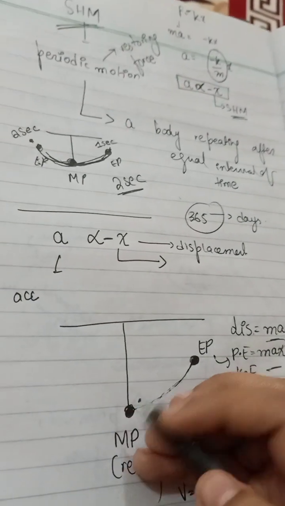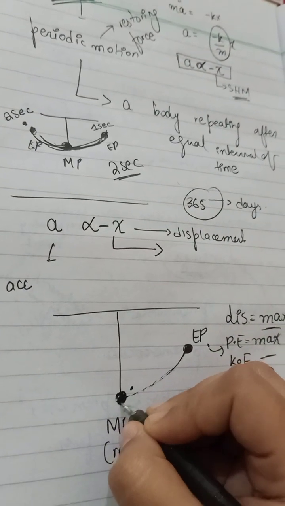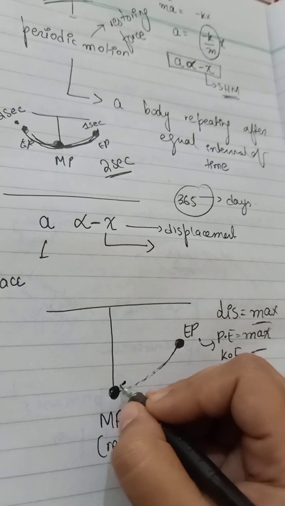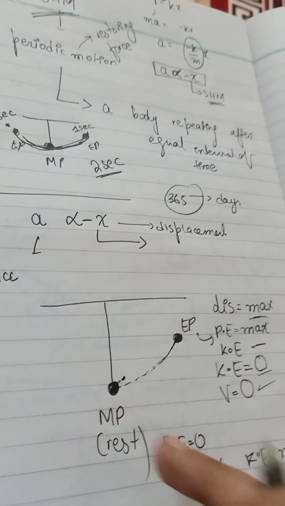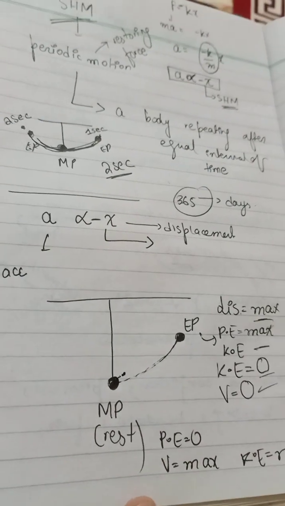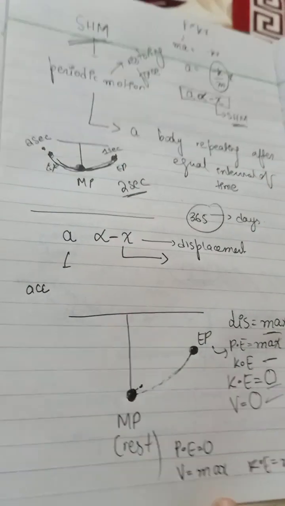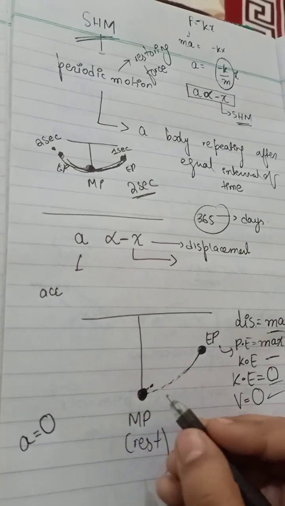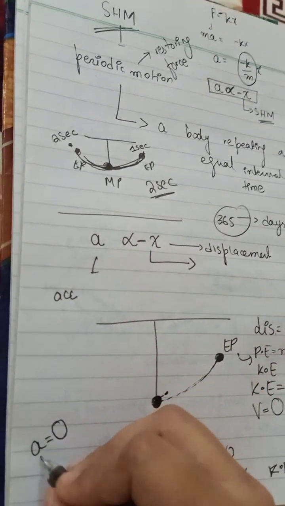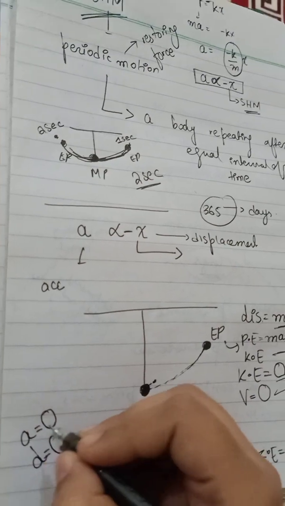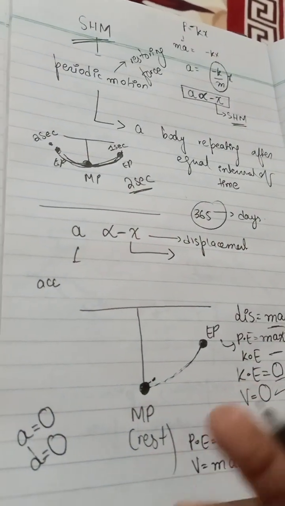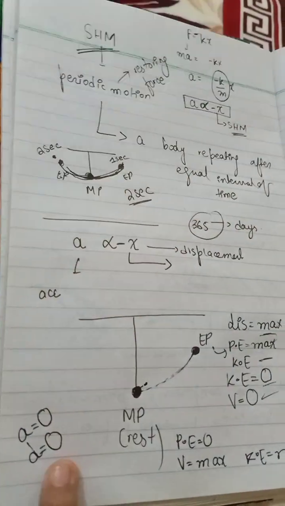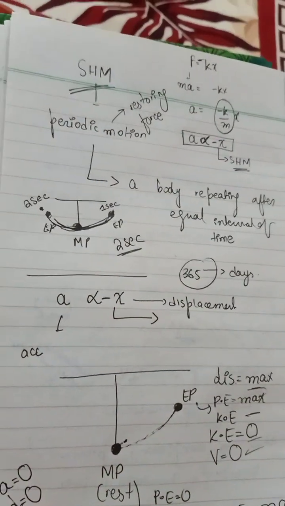The acceleration is 0 at the mean position because the body hasn't covered any displacement. Displacement is 0, and if there is no displacement, there is no acceleration, so acceleration is also 0. So this was about simple harmonic motion.